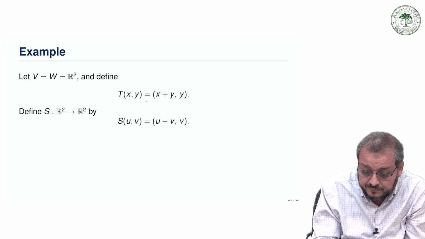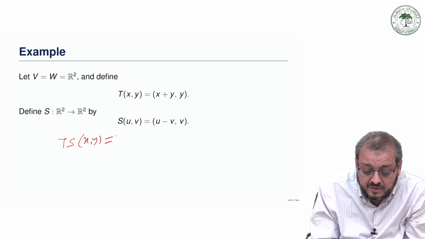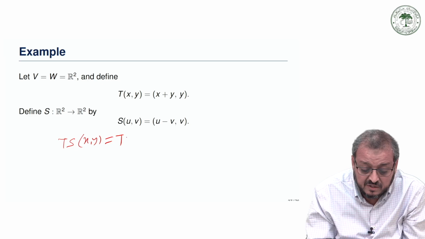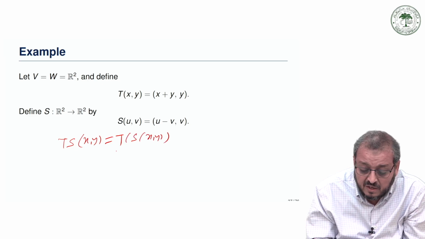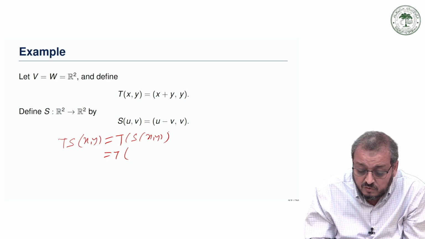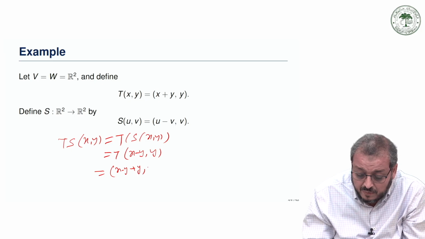Now we have to take T of S of x y. This can be written by the property of a composition function. We can write T of S of x and y, where S is defined in this form: u minus v, so we write x minus y, and then y, and then T is defined in the form of this: x minus y plus y, and then y.